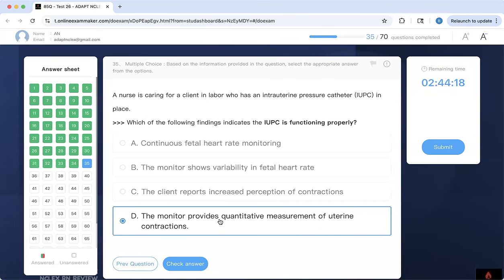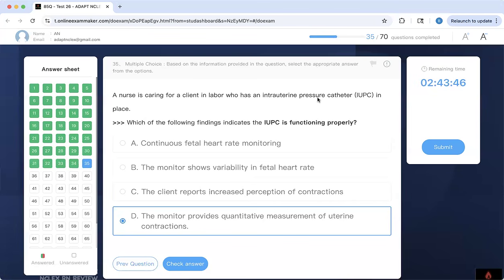Why? An intrauterine pressure catheter is measuring pressure of the uterus, right? Which answer choice provides that? A monitor providing quantitative measurement of the uterine contraction, that's the pressure. The client reports increased perception of contraction. There's no measurement here. The monitor shows variability in the fetal heart rate. It is measuring fetal heart rate, not the intrauterine pressure.